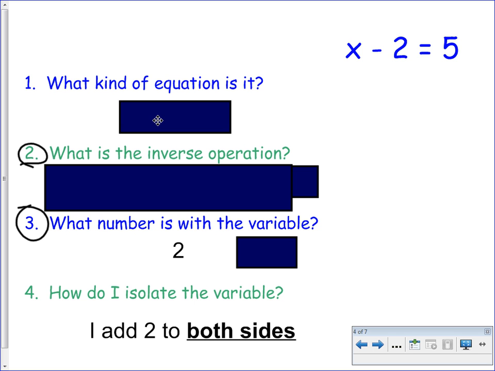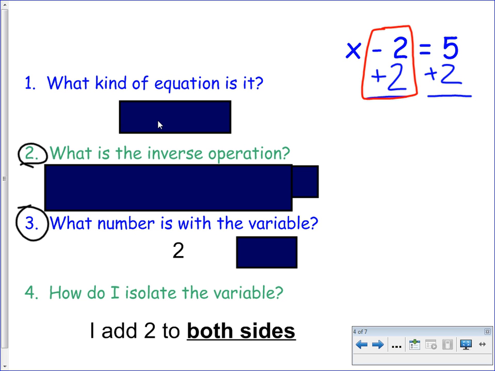So now we're actually going to do this together. Make sure you write down x minus 2 equals 5 in your notes. Now we're going to add 2 to both sides, just like we said. So we add 2 to this side, and add 2 to this side. Now, this side is negative 2 plus 2. Remember, we use the minus sign and squeeze it with the 2, so that makes it negative.